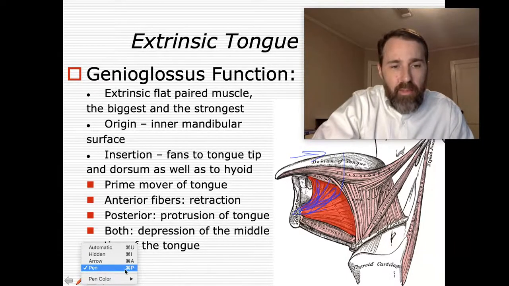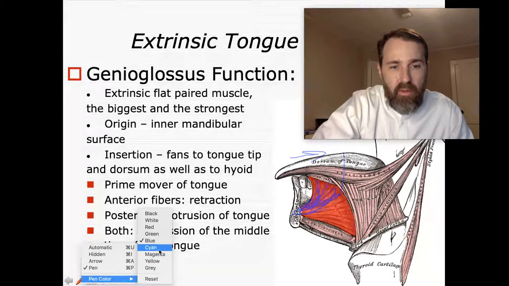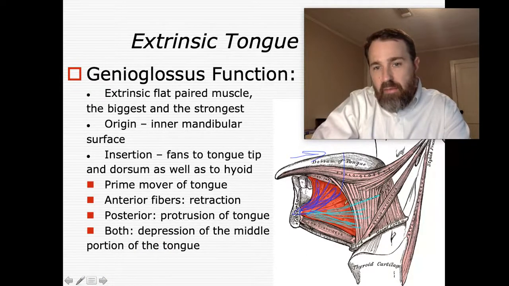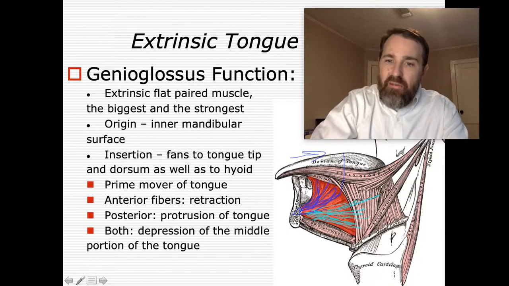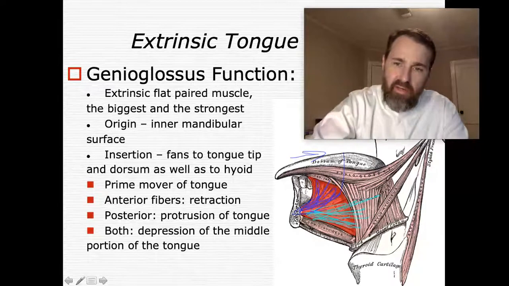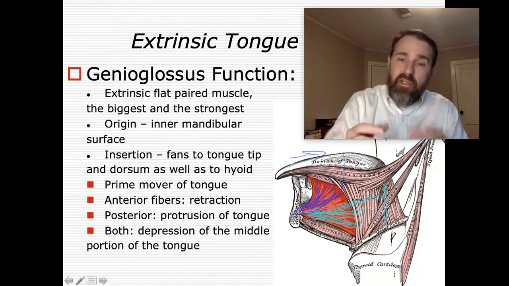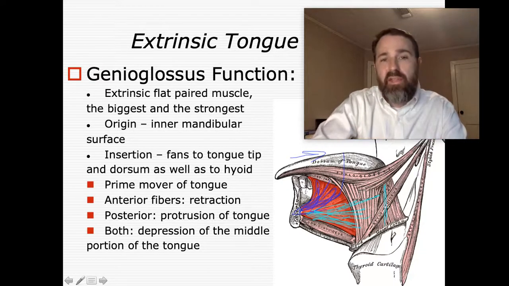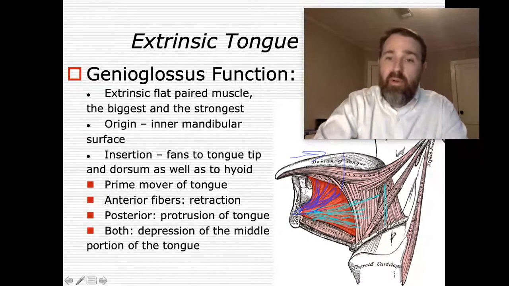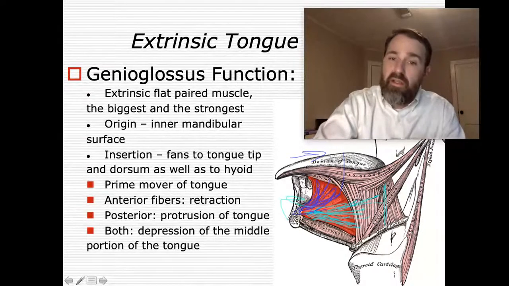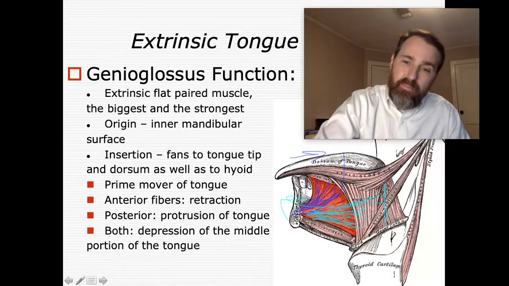Now, if we look at the posterior fibers, so these fibers down here, they fan out like this and insert into more of the root of the tongue. So if you take the root or the base of the tongue, and those muscle fibers, the posterior fibers of the genioglossus, contract, then you're going to pull the root or the base of the tongue towards the back of the mandible.